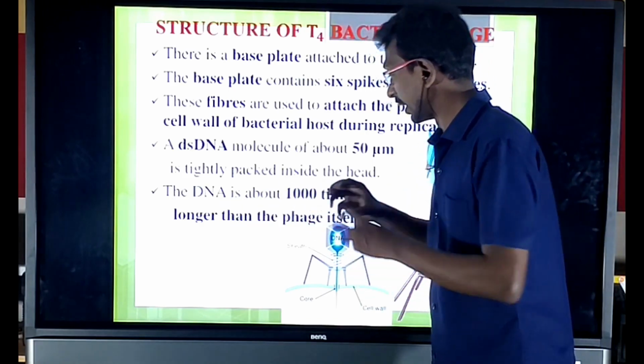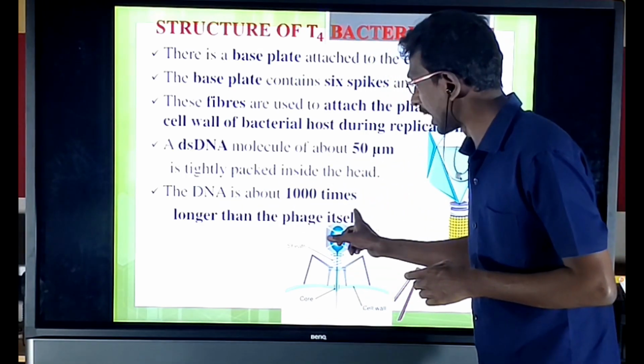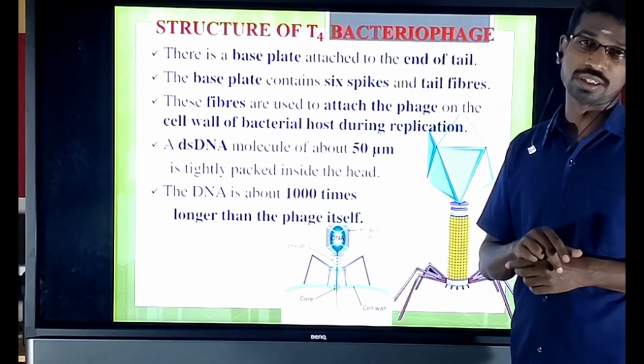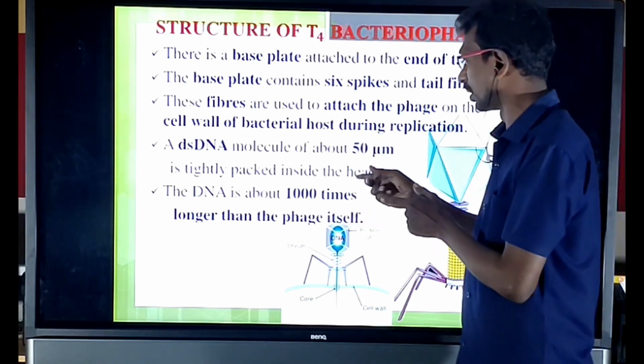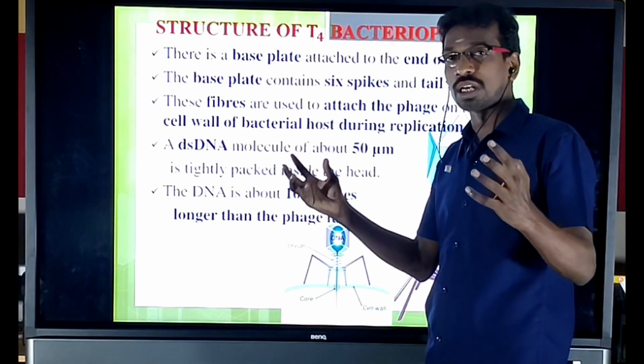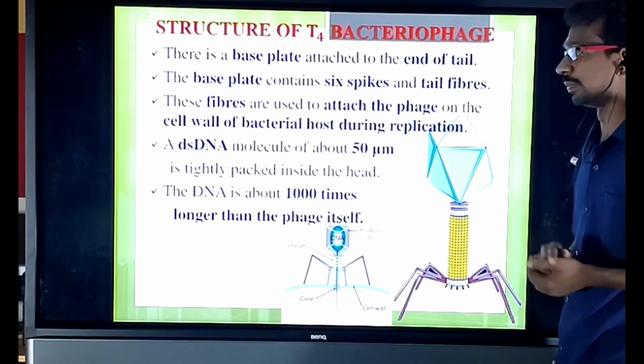Because the length of the DNA is 1,000 times longer than the phage particle. So when compared to the length of the phage particle, it is 1,000 times larger. So the huge double stranded DNA molecule is tightly packed in the hexagonal head.